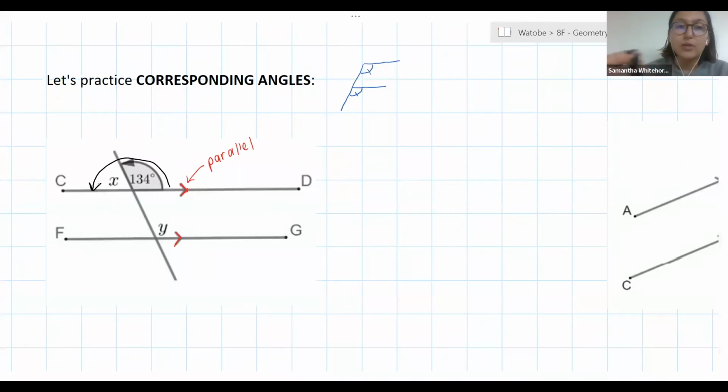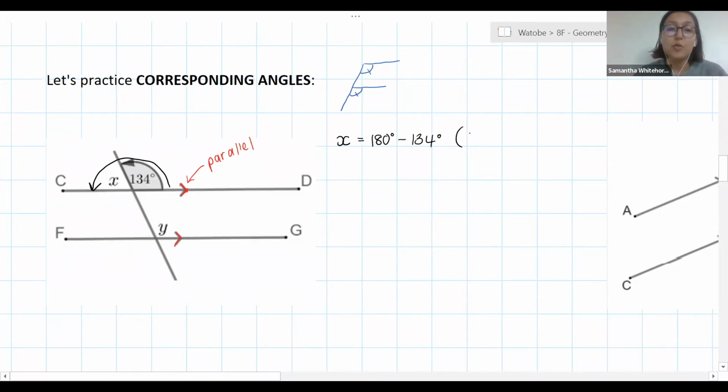And so what we know is that firstly, X is equal to 180 degrees minus 134. Now remember, anytime in geometry when you're working out the size of an angle, you always have to give a reason for your statement. So in this case, because I'm saying that X and 134 are on a straight line, my reason here will be angles on a straight line.